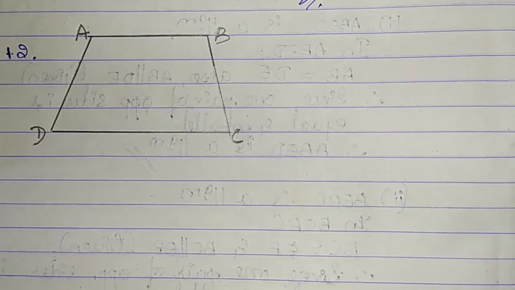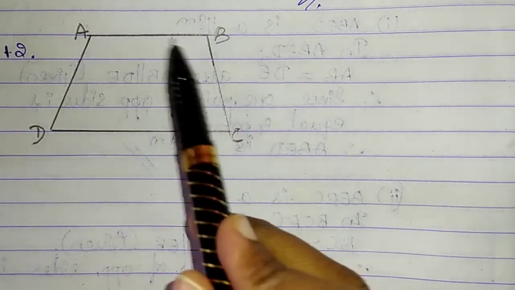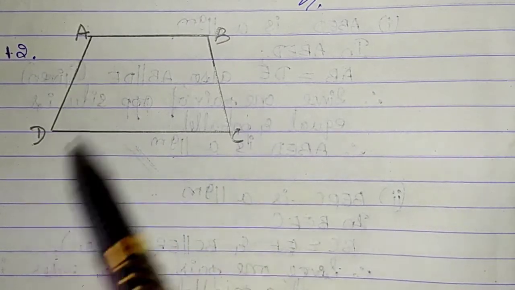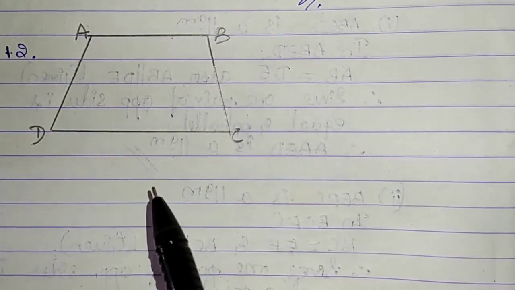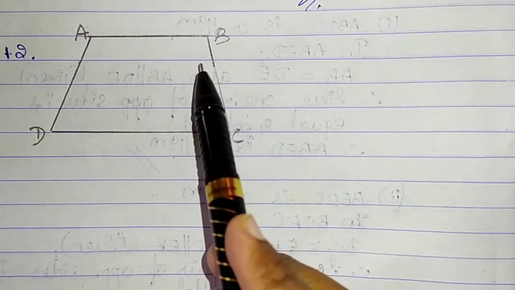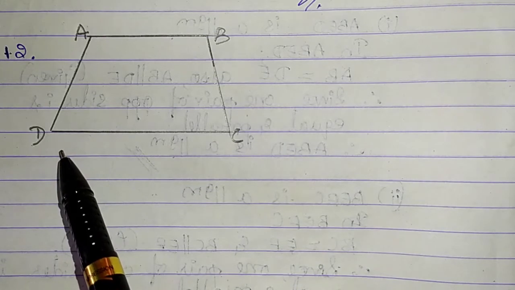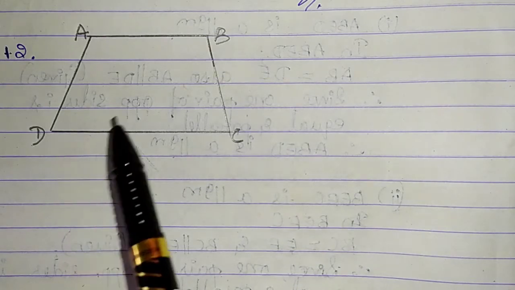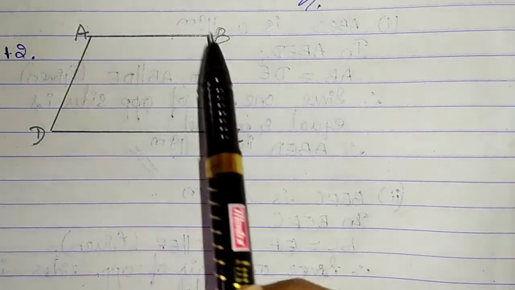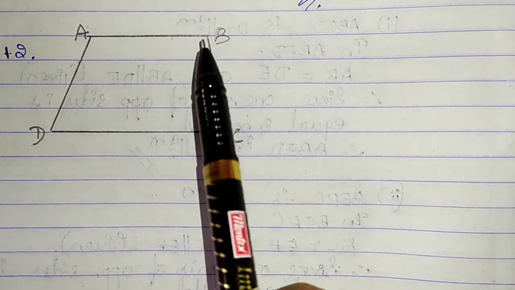In question number 12, ABCD is a trapezium in which AB is parallel to CD. Also, AD is equal to BC. We need to show several things: angle A is equal to angle B and angle C is equal to angle D. Also, triangle ABC is congruent to triangle BAD.